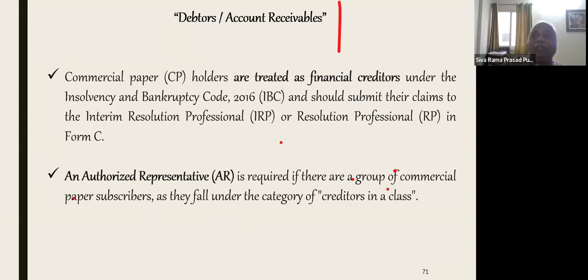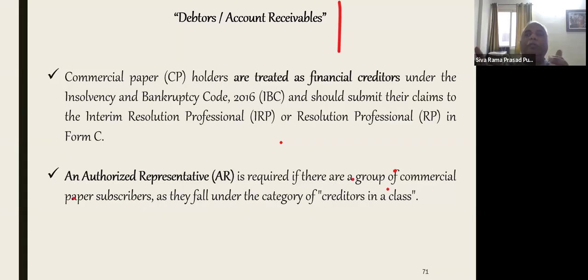And not only that, bonds. Like that, if commercial paper is issued by the company, the holders are also financial creditors. They also have the voting right through an authorized representative. Because the commercial paper may be purchased by 100 or 200 people, it is very difficult for me to accommodate all of them.